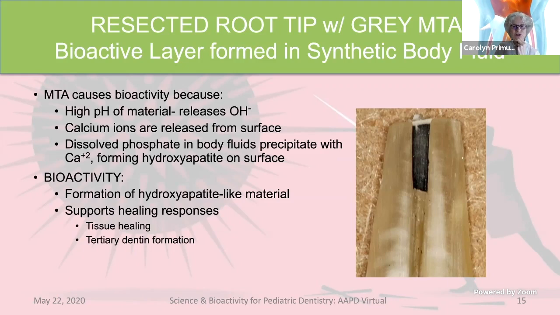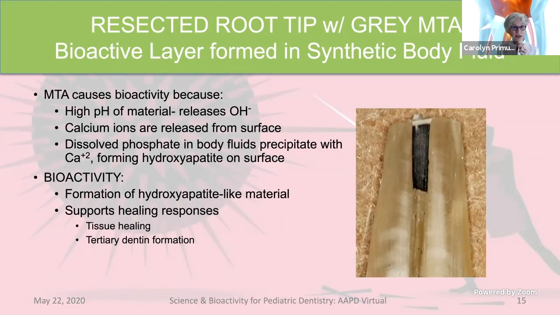So I want you to really visualize this in another way, sort of macroscopically. I want to show you this sample from an endodontic experiment where a root end was resected. The root end was filled with gray MTA or ProRoot MTA. Then the tooth was soaked in synthetic body fluid.